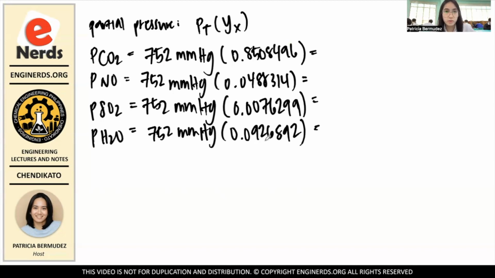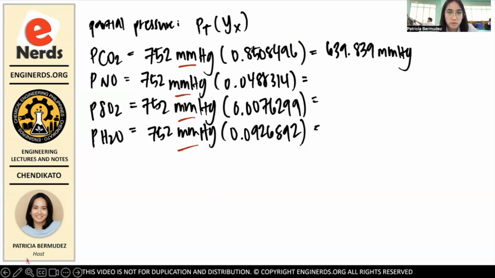And calculating all of these, for carbon dioxide, we have 639.839 millimeter mercury. These are also our units for the pressure, because the mole fraction is unitless, right? So the units are retained here. And for nitrogen oxide, we have 36.721 millimeter mercury.